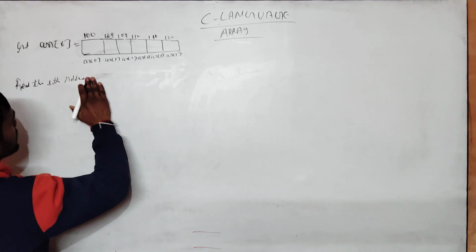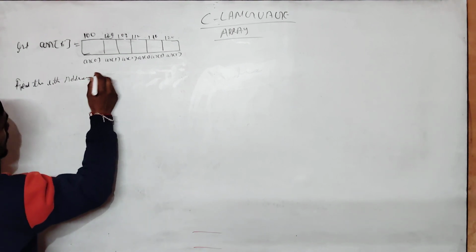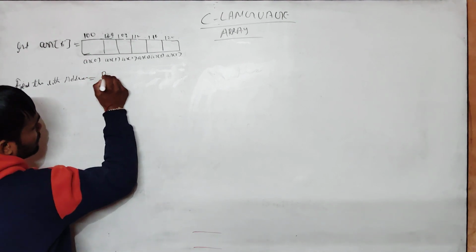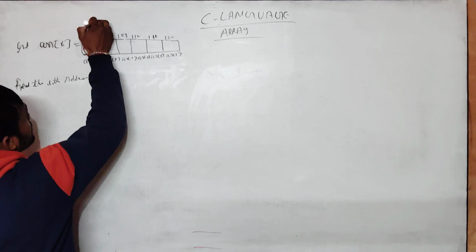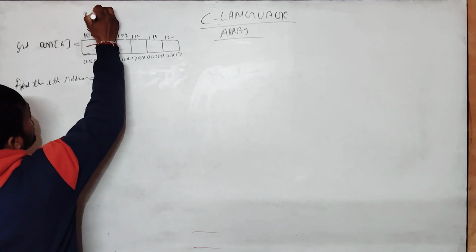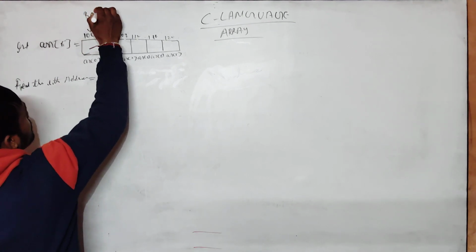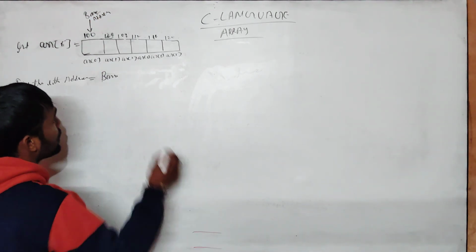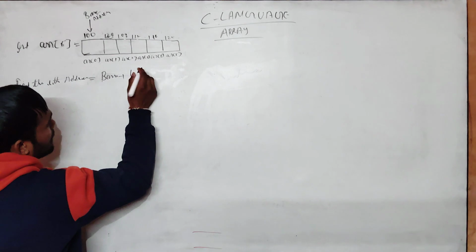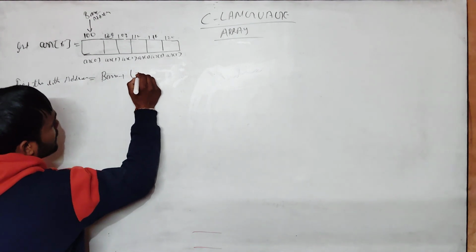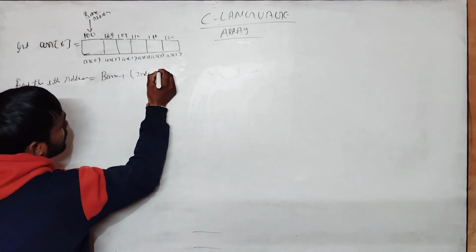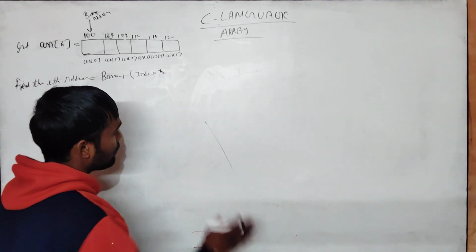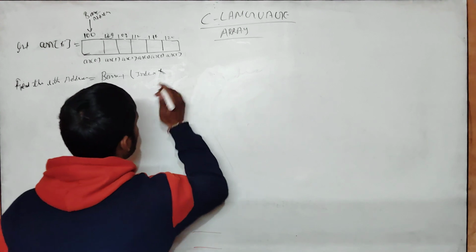Suppose I take the base address, which is 100. This is our base address, and here I multiply the index value with the size of the data type.